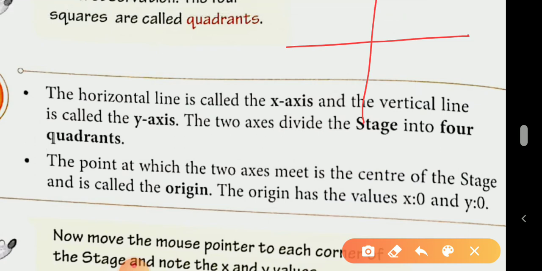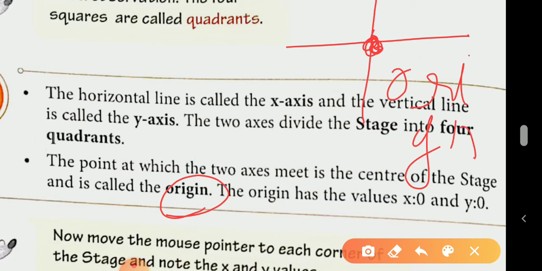So both axes meet in this center, and it is called the origin. The origin has the value x is 0 and y is 0. I hope you can easily understand this.